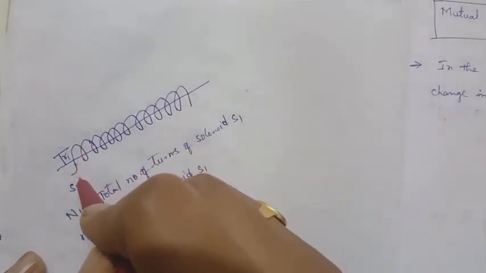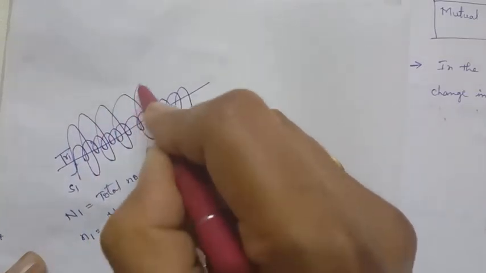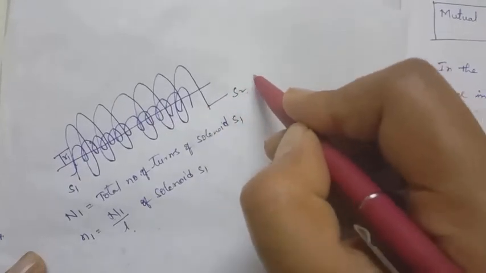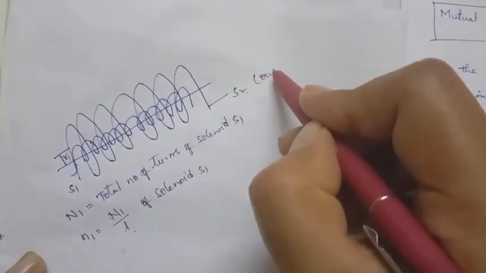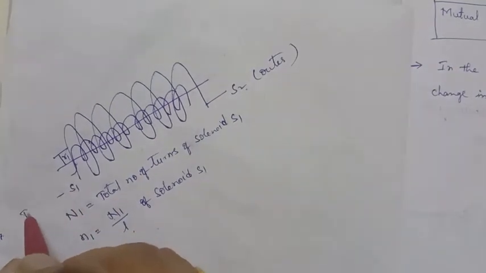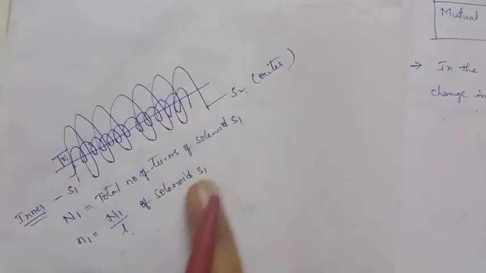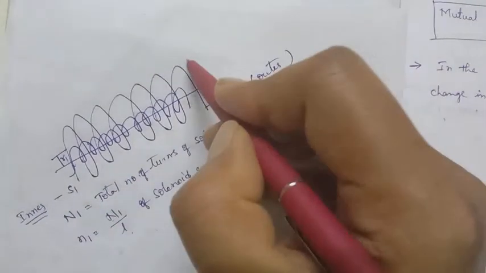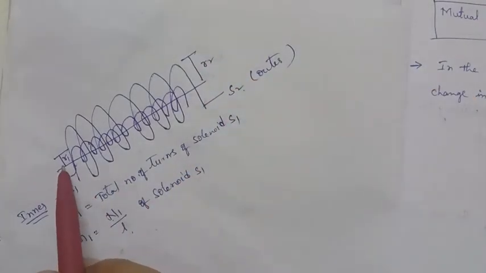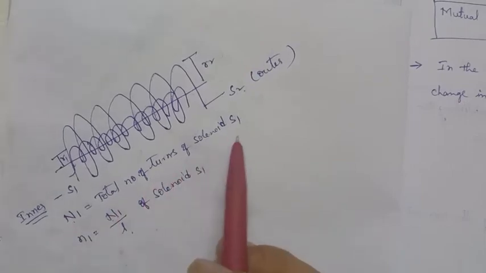I will take one more solenoid. It is the outer solenoid, and the solenoid name is S2. S2 is the outer solenoid, S1 is the inner solenoid. Outer solenoid radius is R2, inner solenoid radius is R1, and N1 is the total number of turns of solenoid S1.